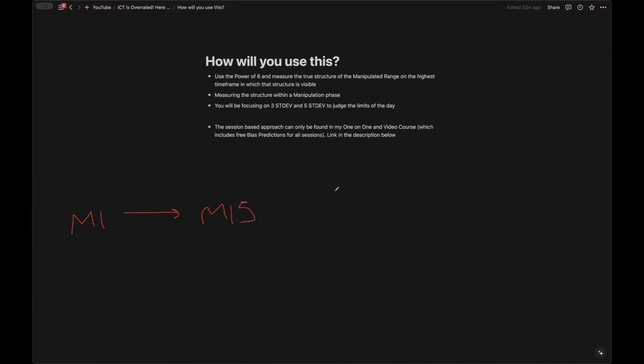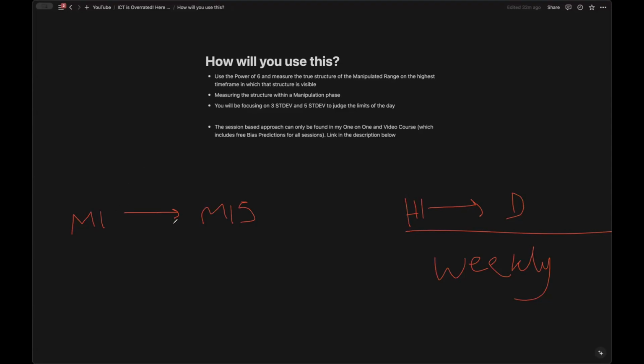And then you are going to use H1 and above for weekly expansions. Now, I'm not going to teach you the weekly expansion. You should be able to deduce how to use this by learning how we use it intraday.